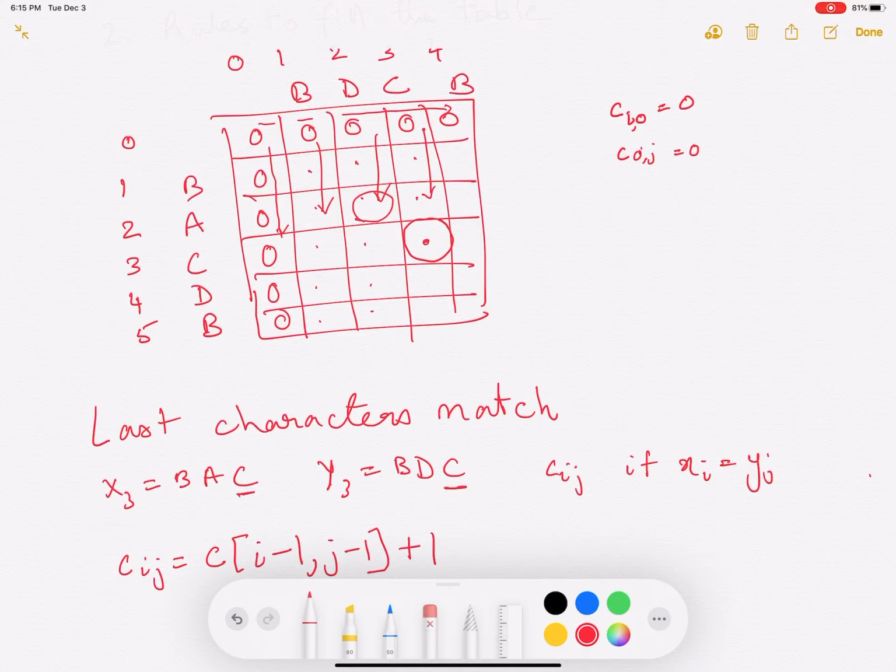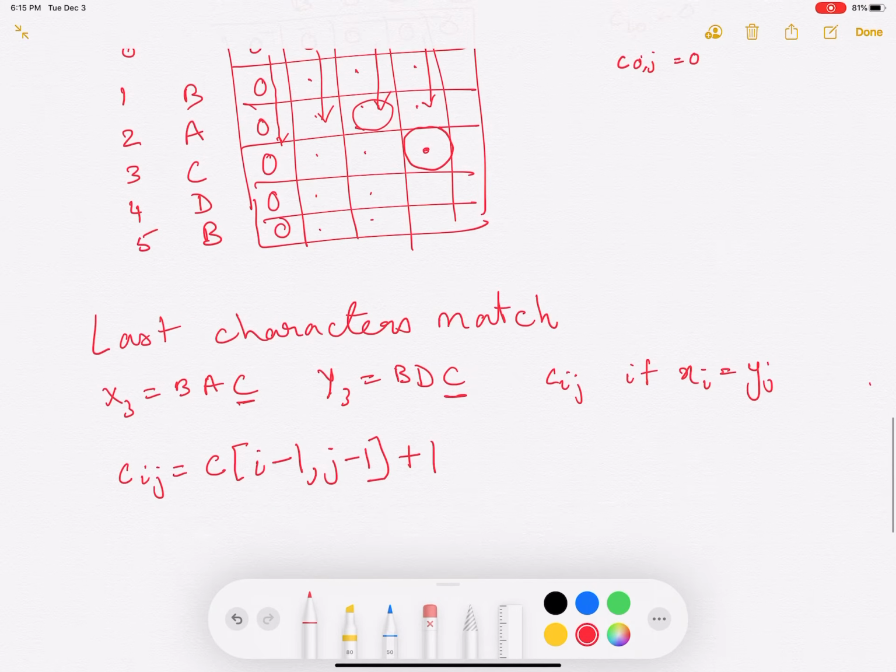So to get Cij, you're going to get Ci minus 1, j minus 1 and add 1 to it. Whatever entry is here, you take that and add 1. That is what happens when the last characters match.